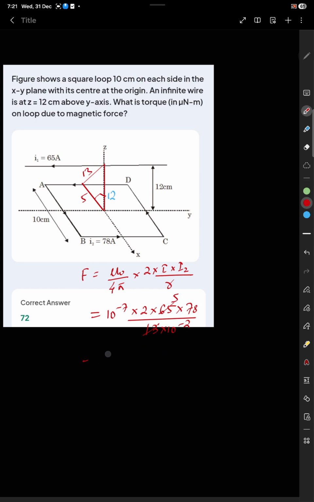So 3 into 10 to the minus 4 is this one, into 78. Now this will be the force on this one in this direction. The same force will apply to this one. So for torque, you just need to apply force into perpendicular distance. So 78. Why is the force downward? Because this is opposite, so this will apply a repelling force. So 78 into the perpendicular distance is 5.